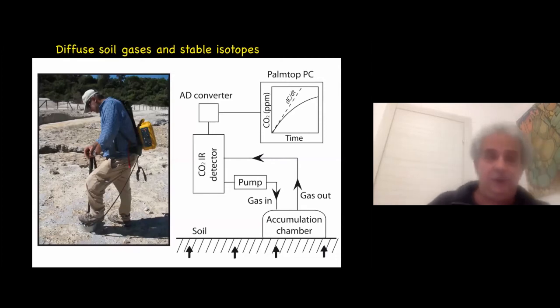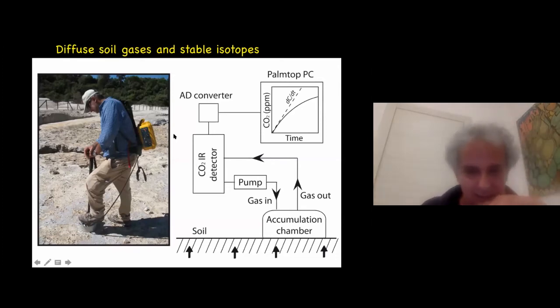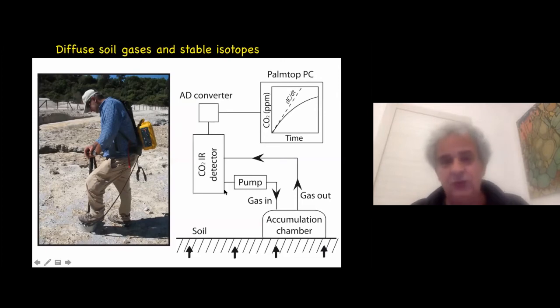We also have diffuse soil gases, as Fatima knows very well. It is a typical accumulation chamber, and that allows measuring the flux, in most cases the CO2 and methane flux.